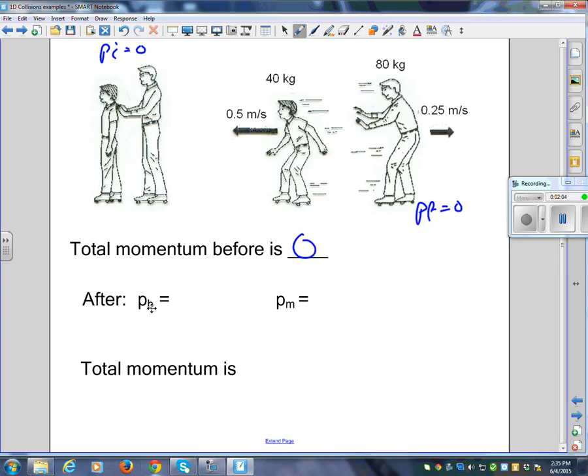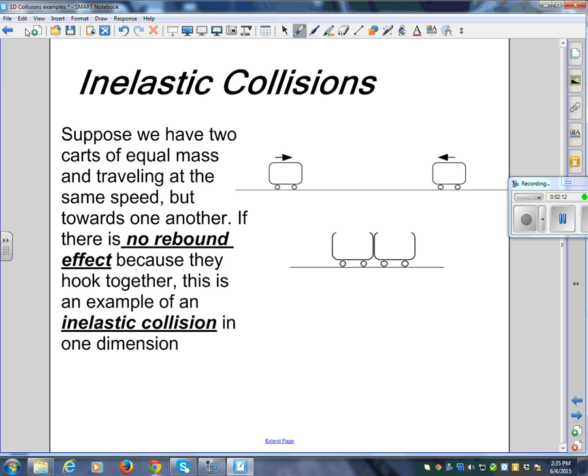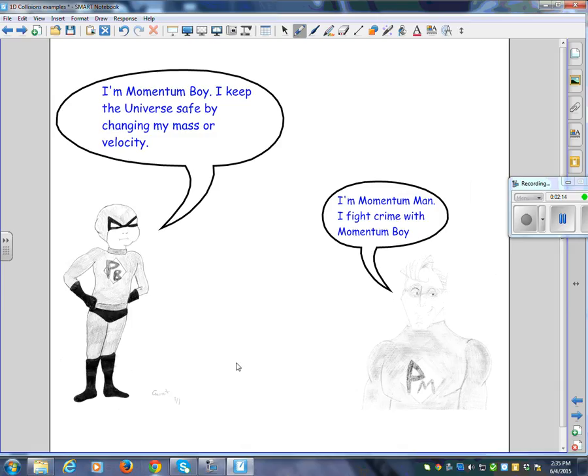We're going to get a chance to draw those. Do you want to draw momentum boy? Right there. Do it. It's all right. Momentum boy. You like that?